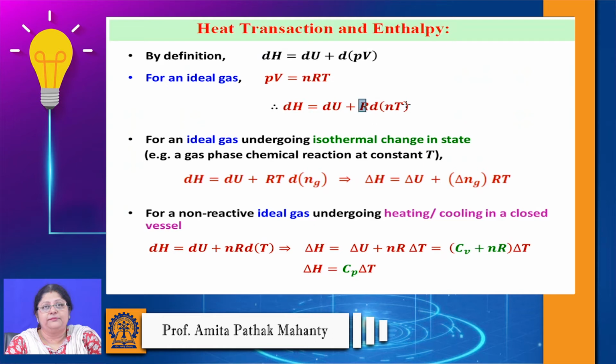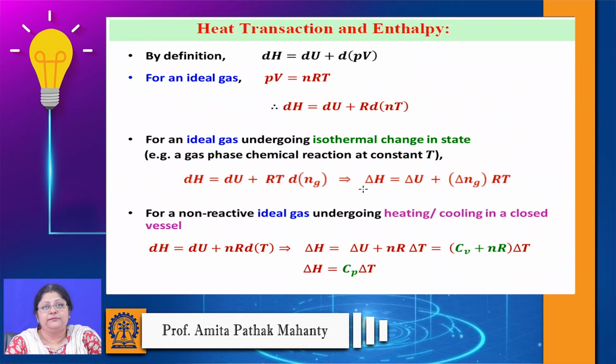If T is not a constant, n and T are to be differentiated. But if you have an isothermal process, suppose you have a gas phase reaction carried out at a constant given temperature, then you can see here the T will be out. So this will be just the change in the number of moles of the gas.